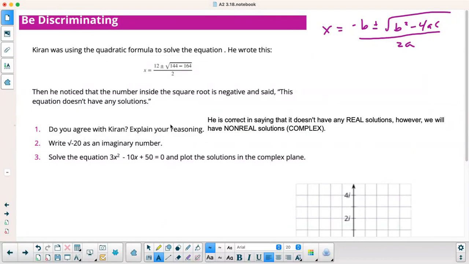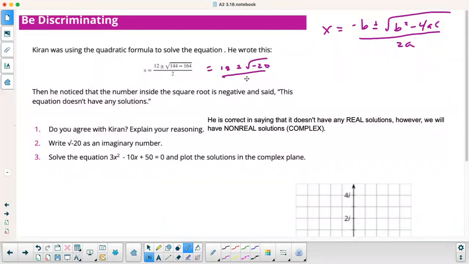Okay, so basically, let's just simplify it here. We get 12 plus or minus the square root of negative 20 over 2. So, he got this negative under here and said, oh, it doesn't have any solutions, but it does. They're just not real. So we won't see them on the x-axis.